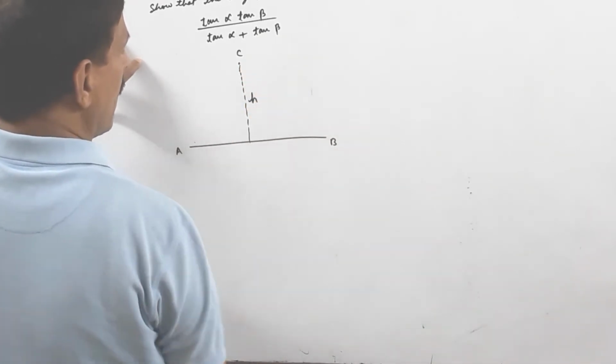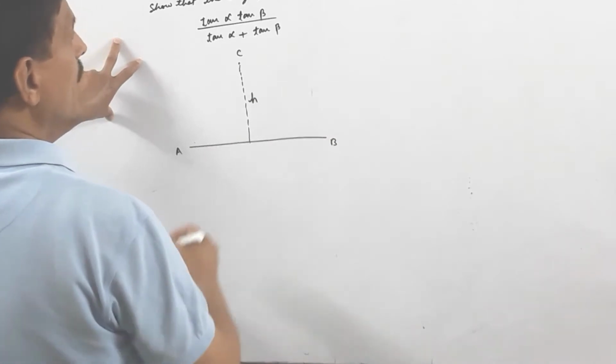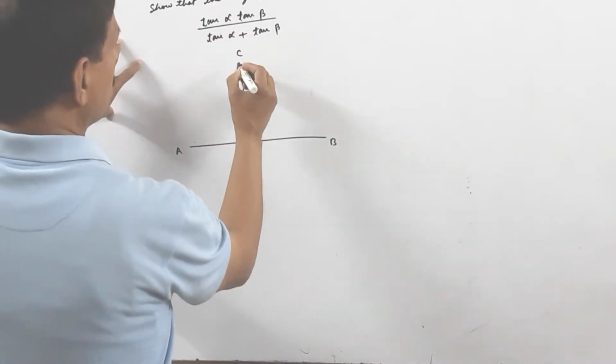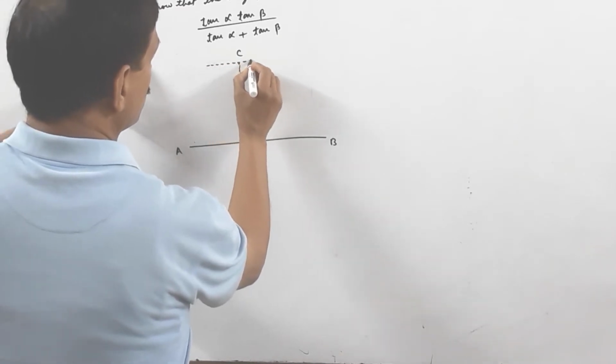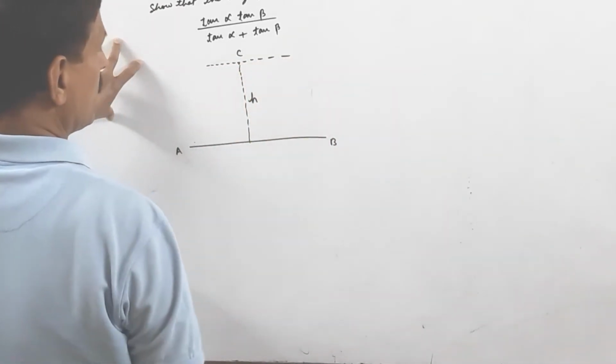So this is height h. For the angles of depression, we draw a line through C parallel to AB.